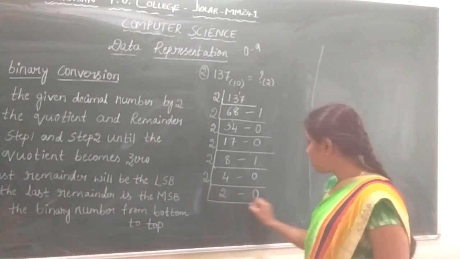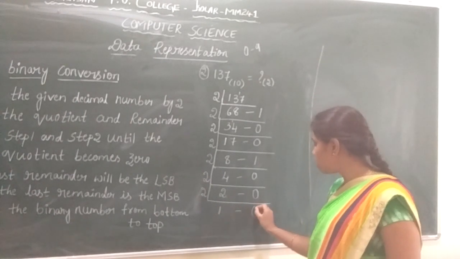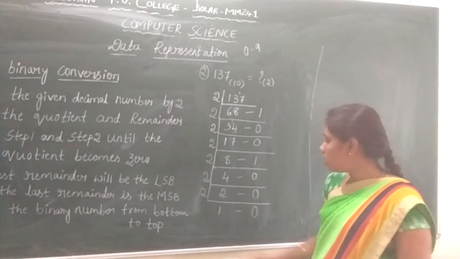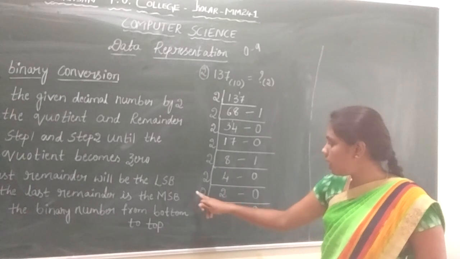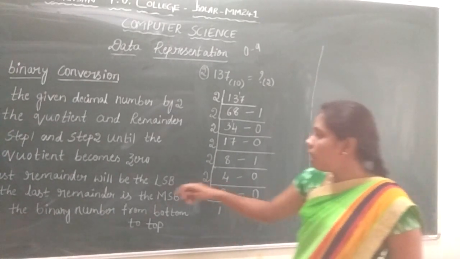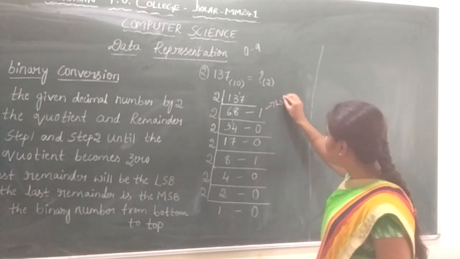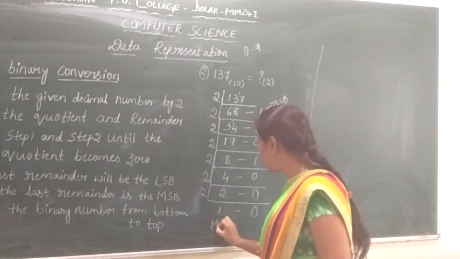2 also can be divided by 2. So 2 1s are 2. The left out remainder is 0. Now 1 cannot be divided by 2. Hence I will stop this process here, and this is your LSB and this is MSB.